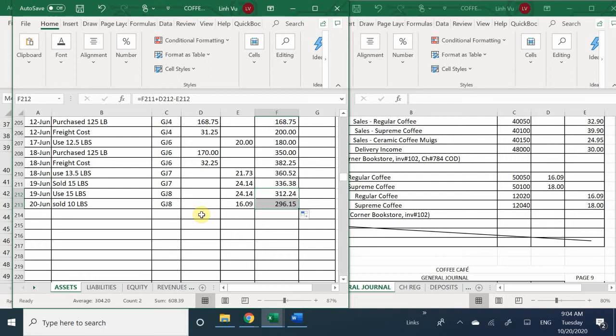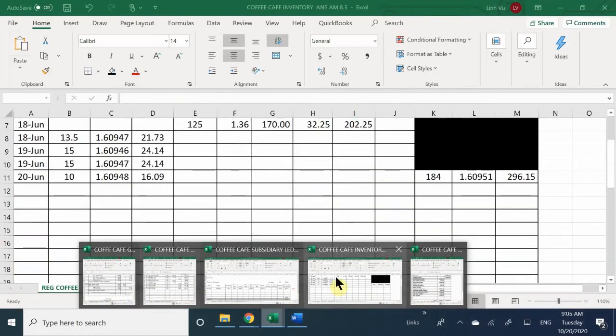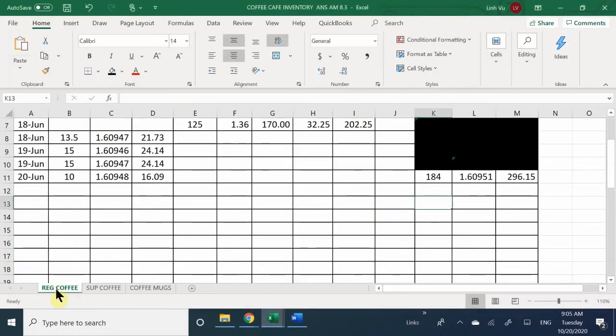Oh, sorry. That's fine. It's the credit. Yes. So you should get 296.15, which should match your inventory worksheet on hand. For my regular coffee, I should have 296.15. Okay.